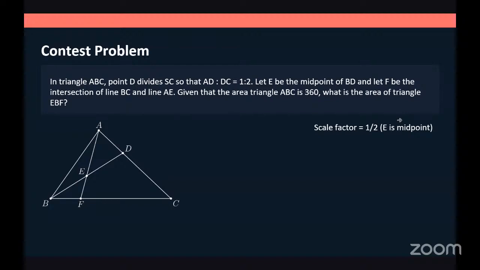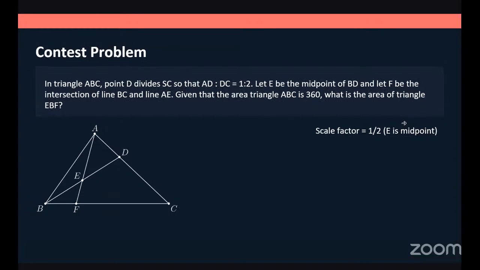Okay, so now we're going to try this problem. It's a little complicated, but it still uses a lot of the things that we were just reviewing on the previous slides. So let's read the question first. In triangle ABC, point D divides, oh, I think that's written wrong, divides AC, so it would be here, AC, so that AD and DC have the proportion 1 to 2.